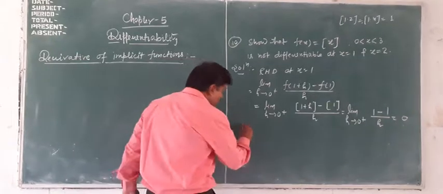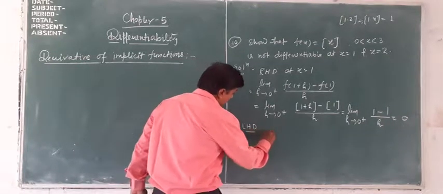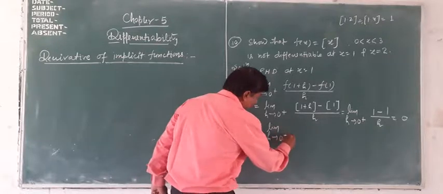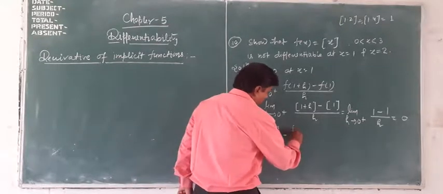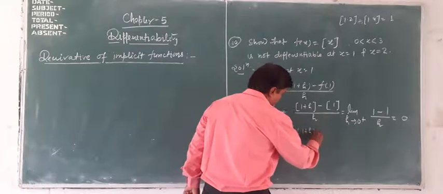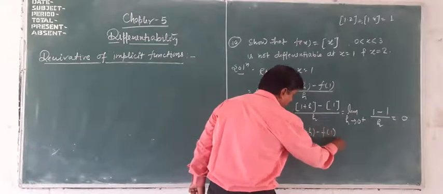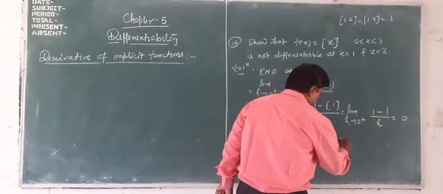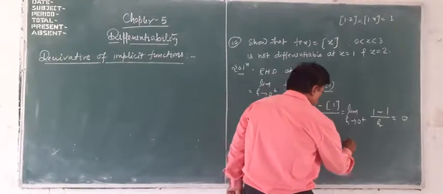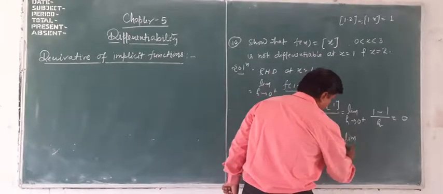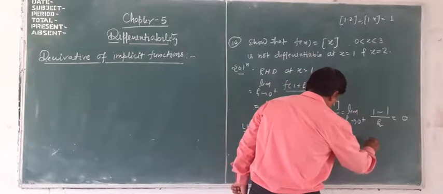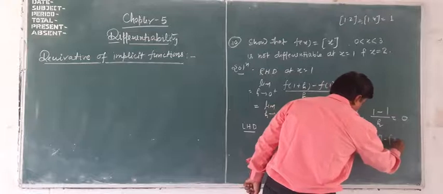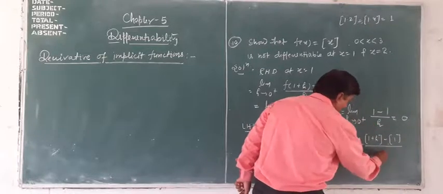Now, the left hand derivative of this function is the limit as h tends to 0 minus of f of 1 plus h minus f of 1 divided by h. So this is the limit as h tends to 0 minus of the greatest integer of 1 plus h, minus 1, divided by h.